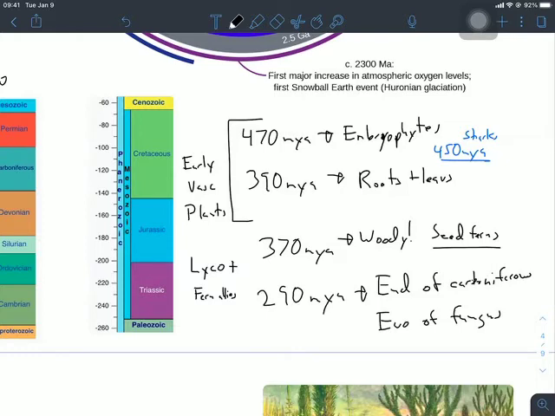Fungi break it down. Previously, it would get buried under the dirt, get buried under more dirt, get buried with lots more trees, get compressed under all the pressure from Earth's surface, and eventually form our oil reserves. So it is not fossilized dinosaurs that you're pumping into your car. That is not the case.